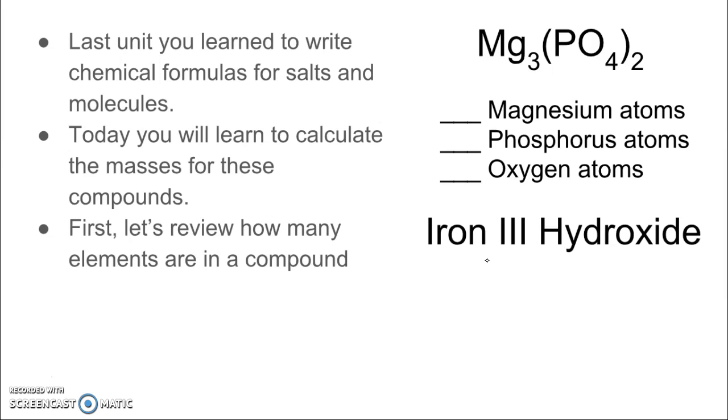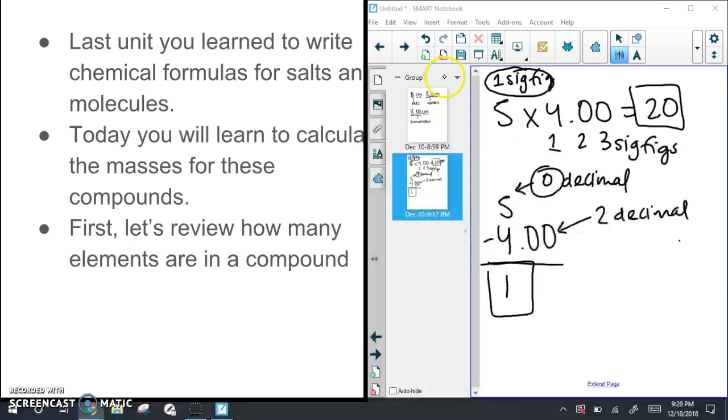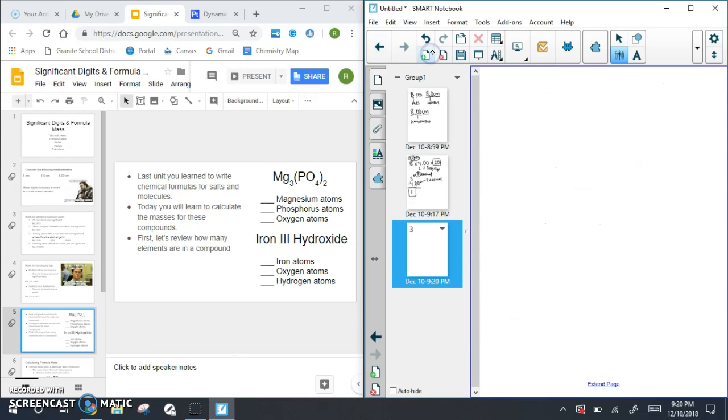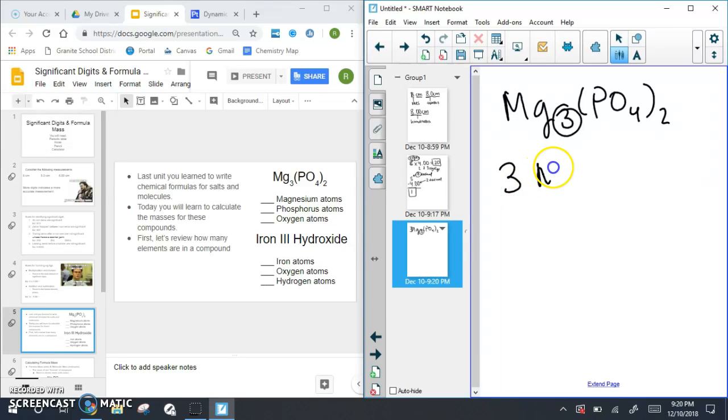Take a moment and figure out how many atoms there are of each of these. I'll help you figure out the first one, magnesium. Let's write this down, Mg3(PO4)2. There are, because I see a 3 right here, 3 magnesium atoms. Take a second and find how many phosphorus atoms and oxygen atoms there are.